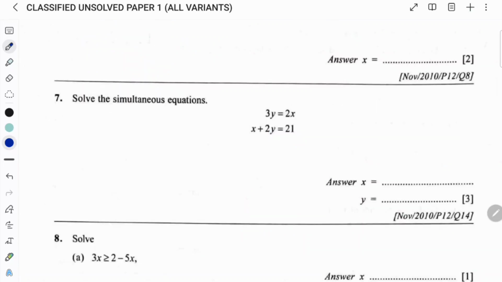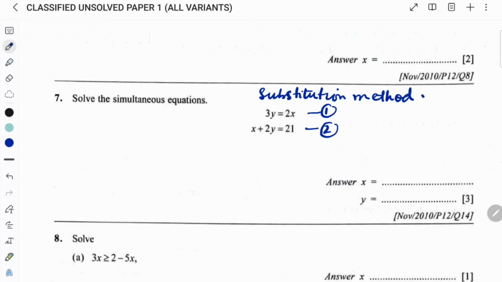All right, we are solving the seventh question now. Solve the simultaneous equations 3y = 2x and x + 2y = 21. It's easier again for us to solve by the substitution method, because you have x with coefficient 1 in the second equation.